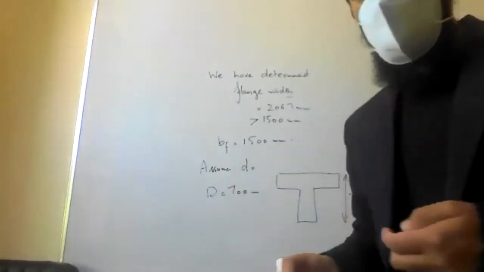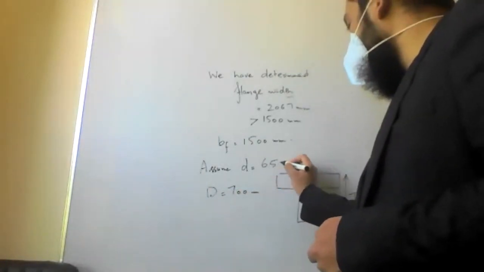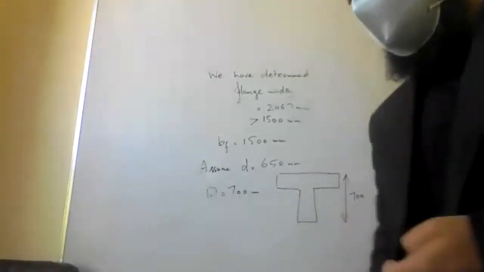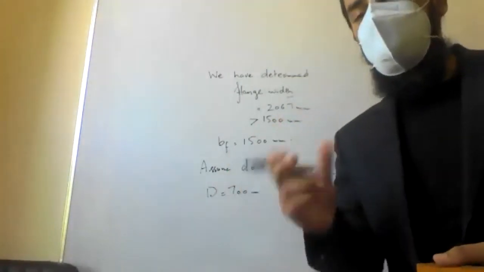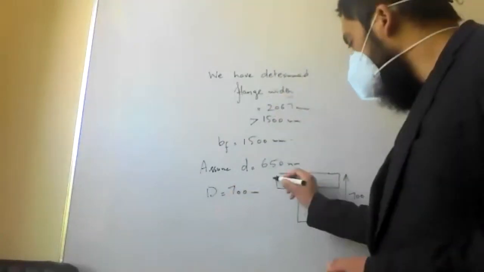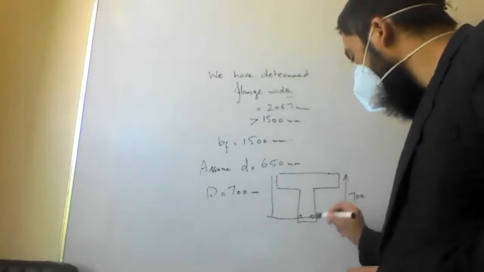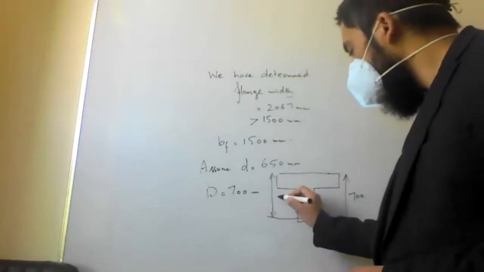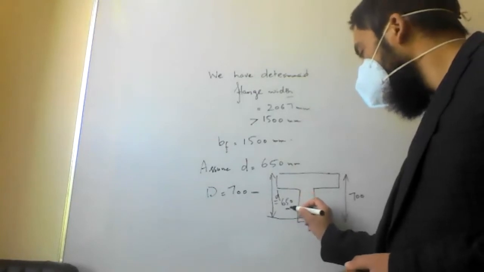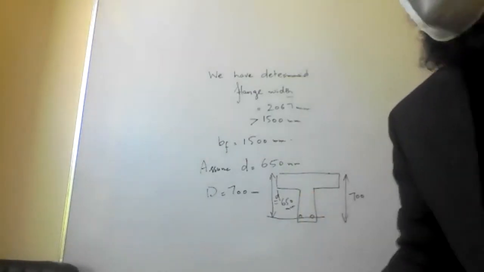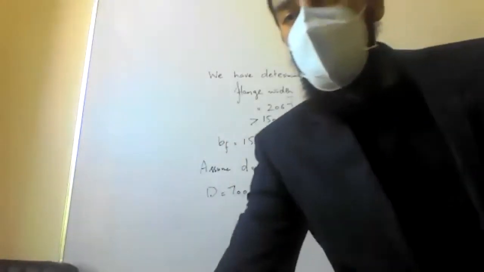So let's assume d, for example, as 650 mm initially. The effective depth is from this point up till this point. If this is assumed as 650 mm, this is again an assumption at this point.